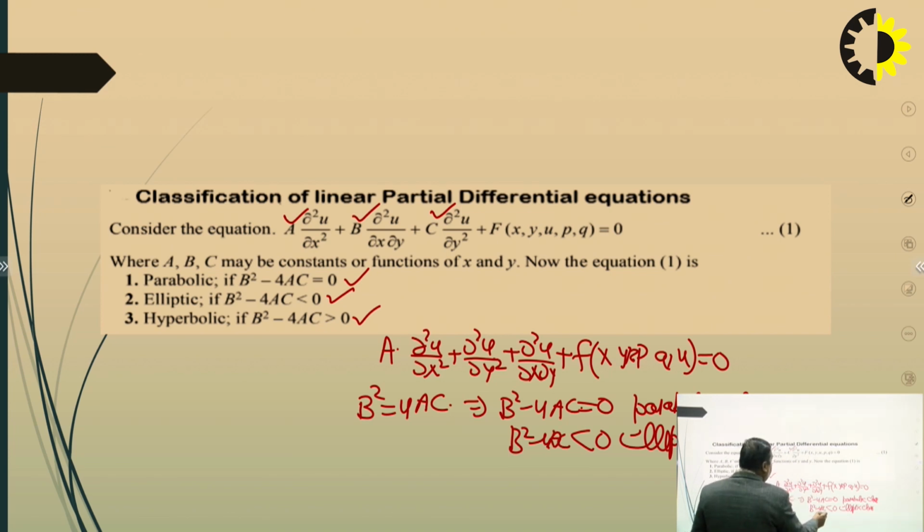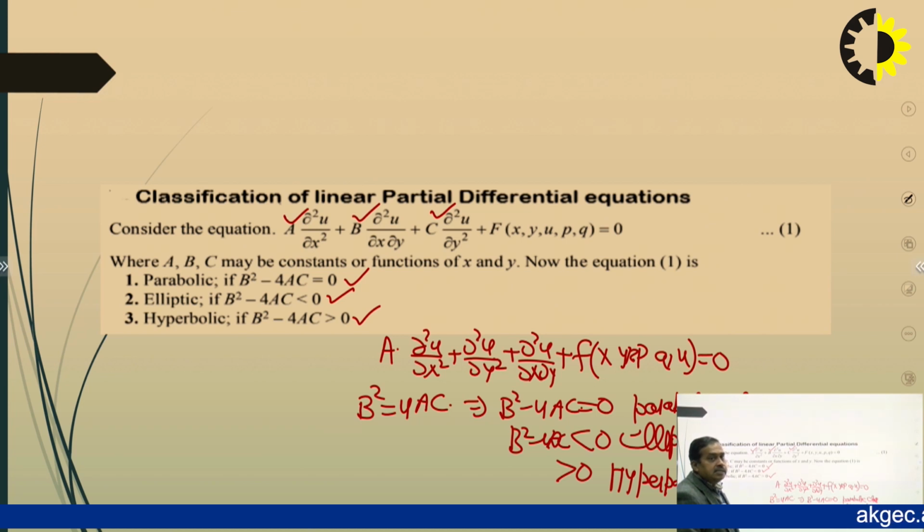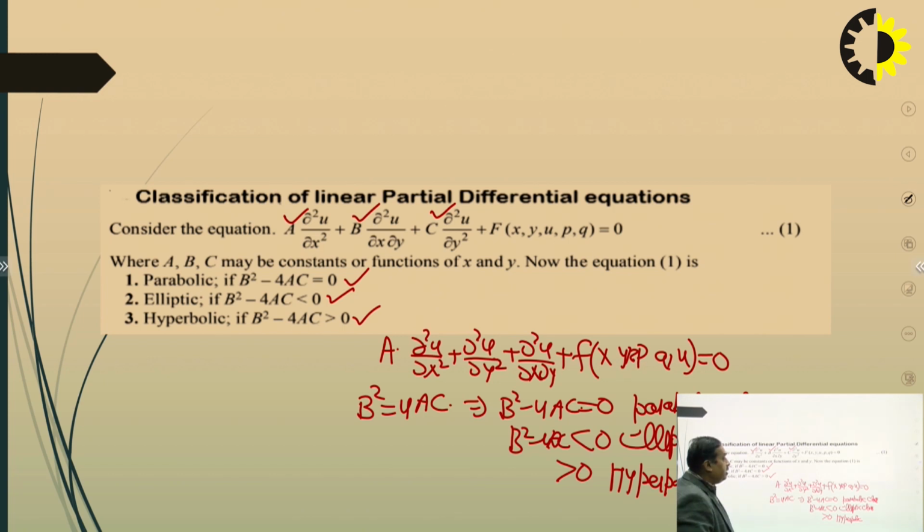If greater than 0, then it becomes hyperbolic. That means we have to calculate a, b and c. A is the coefficient of del square u over del x square, b is the coefficient of del square u over del x del y, and c is the coefficient of del square u over del y square. And then we have to calculate the value of b square minus 4ac. If it is equal to 0, it is parabolic. If less than 0, it is elliptic. If greater than 0, it will be hyperbolic.